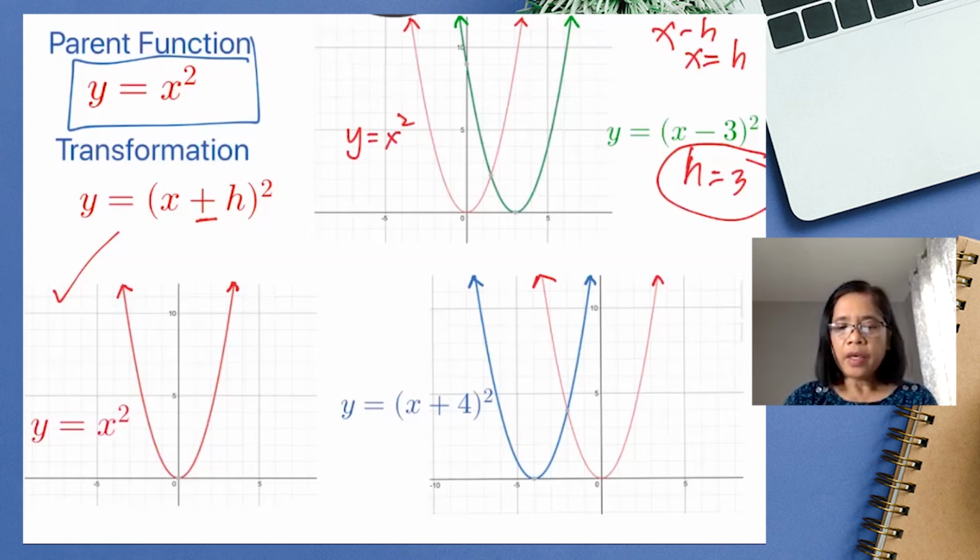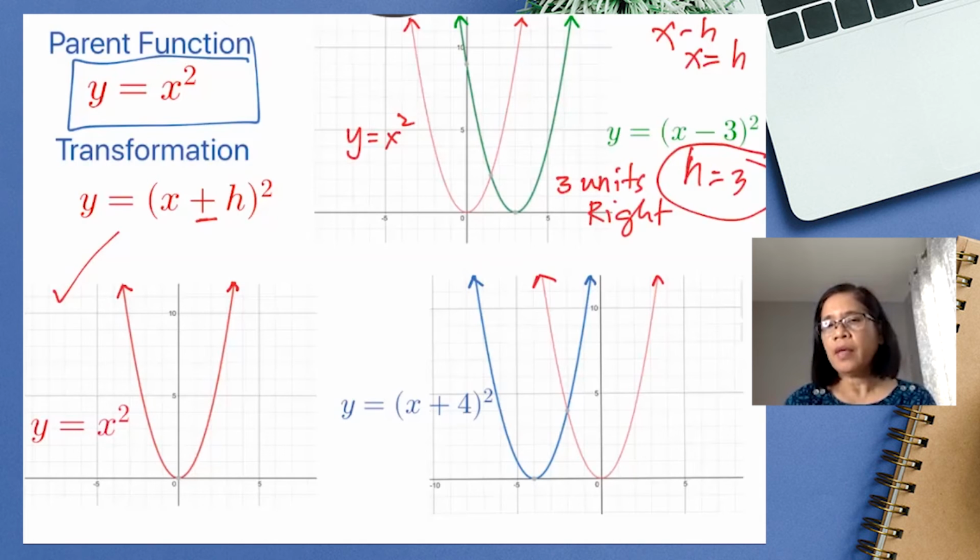So h equals 3 means 3 units to the right. Be careful because this is a common misconception: when students see x minus 3, they sometimes think they have to move to the left. That is not the case. You have to solve for h here. h is equal to 3.